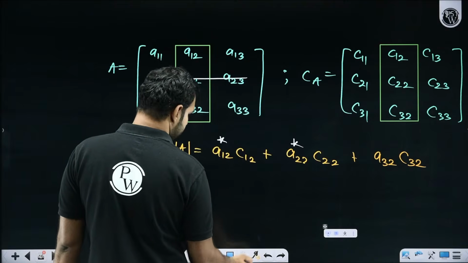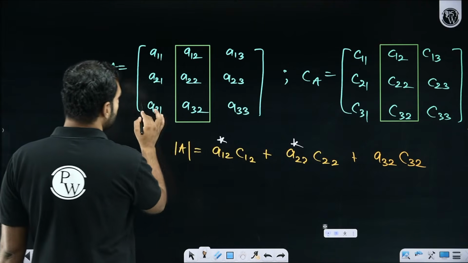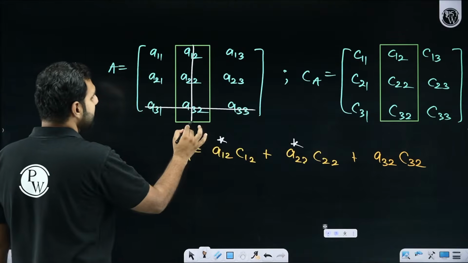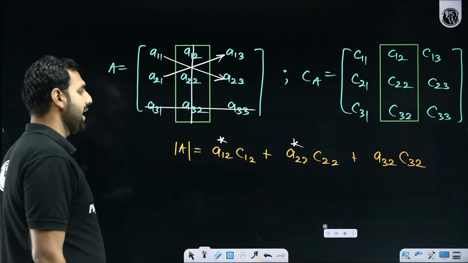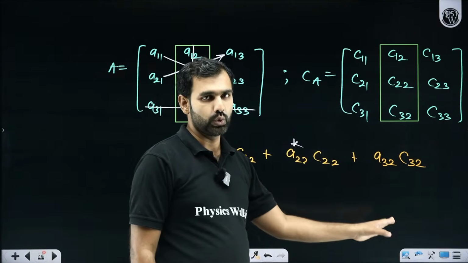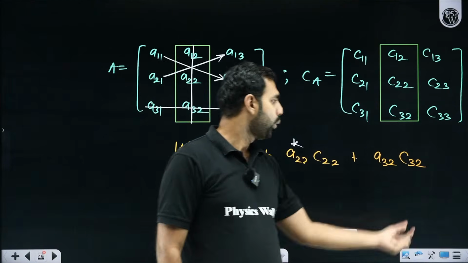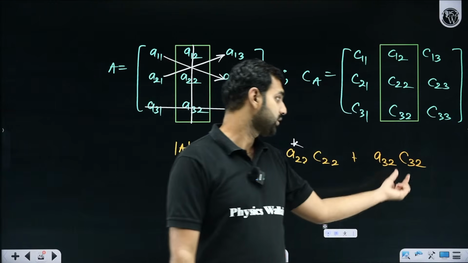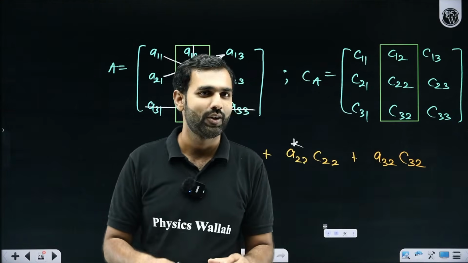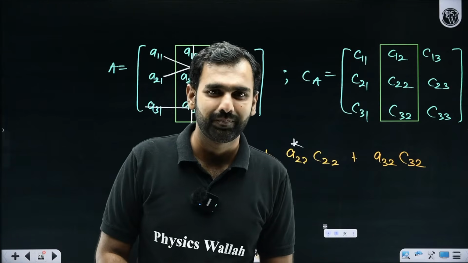Similarly, when I wrote the next element A32, I removed this and this. I'll multiply this with this, minus this with this. And with that, I'll get C32, but with that sign where 3 plus 2 is 5, so there will be a negative sign in it, which C32 will already contain. So I will not have to bother about that.